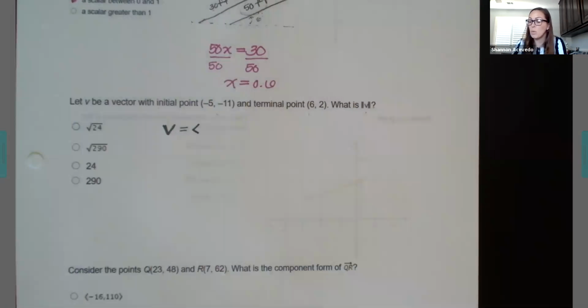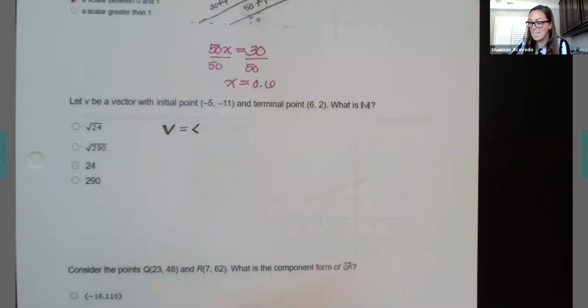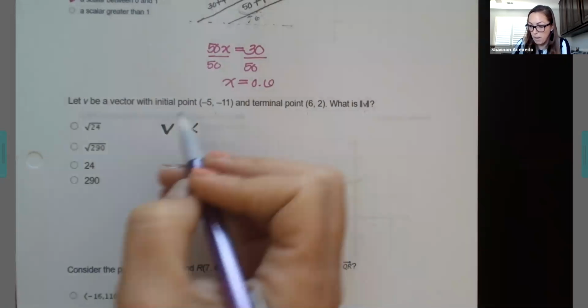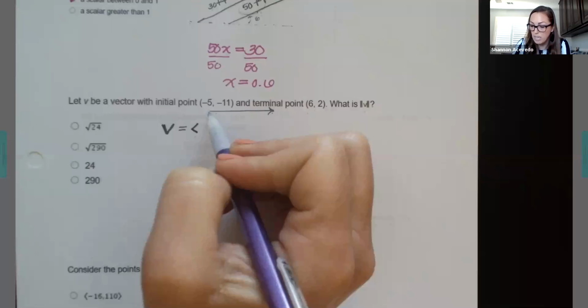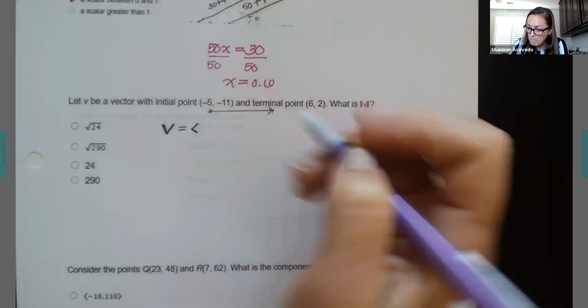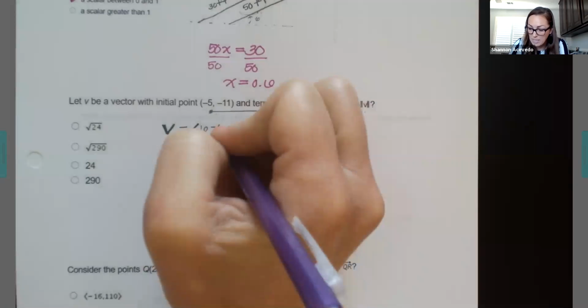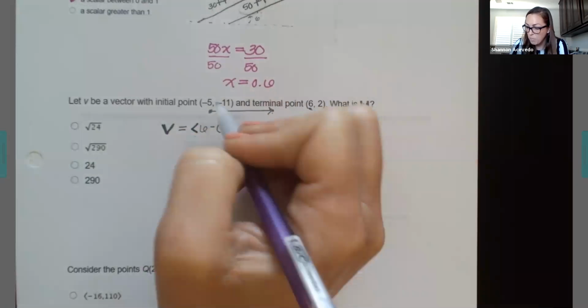So remember that when we find this vector, which we're going to do quite often in this unit, you start with the terminal side, the end side. So when we look at this, this is my ray. The terminal side is where it points to. The initial point is where the start of that ray is. So it's going to be, in this case, 6 minus a -5. So the first points go together and the second points go together.